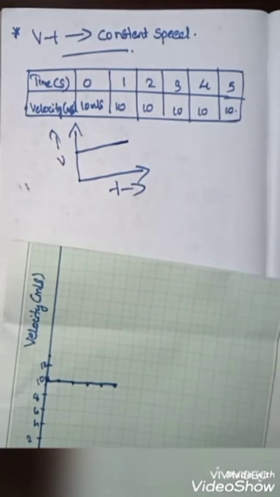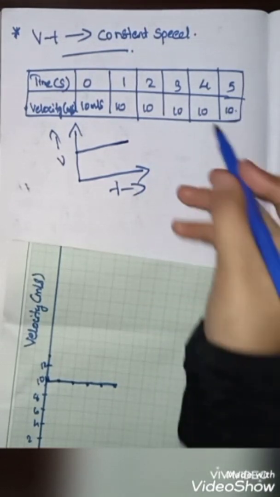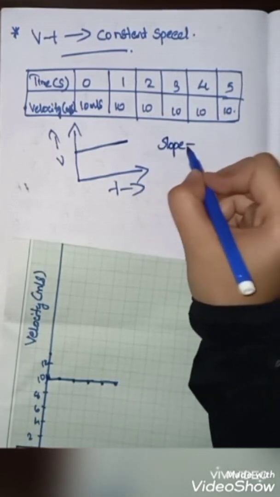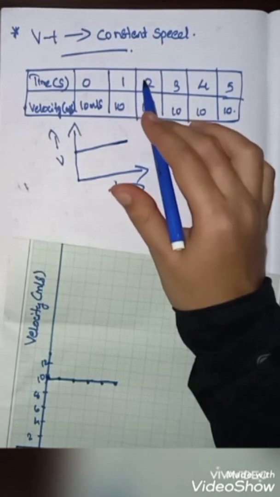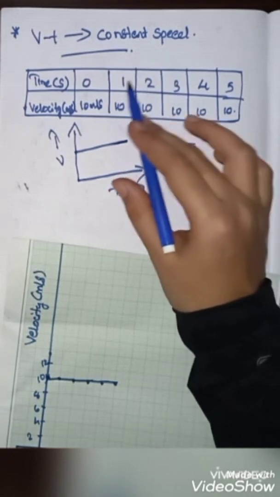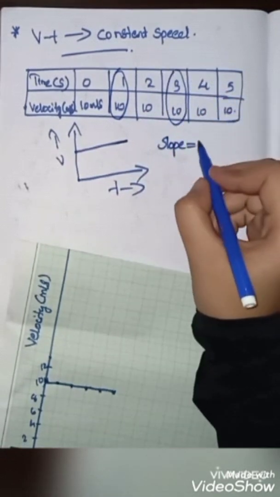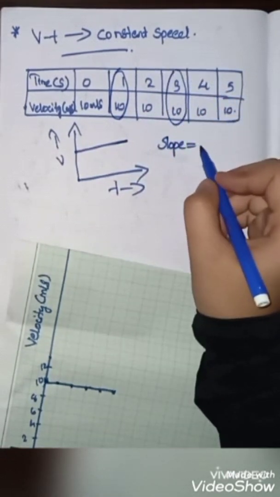Then what will be the slope of this graph? We can calculate the slope by taking two points, this point and this point. Slope is equal to acceleration.